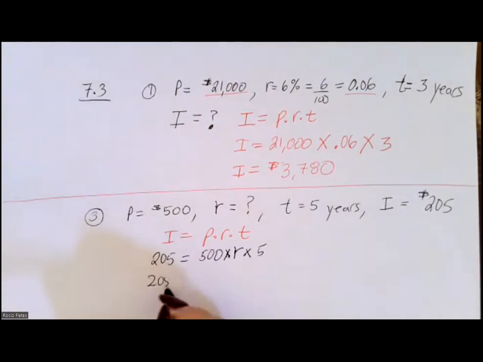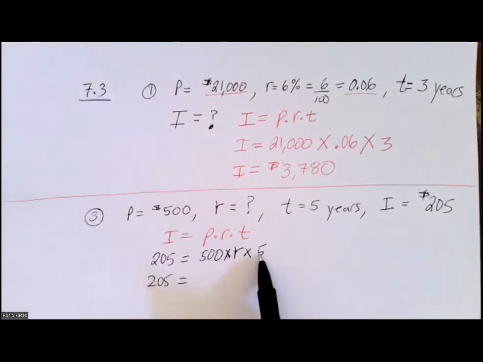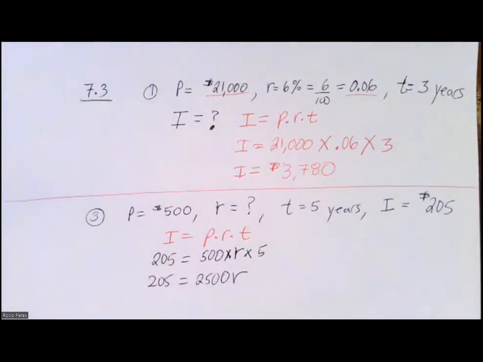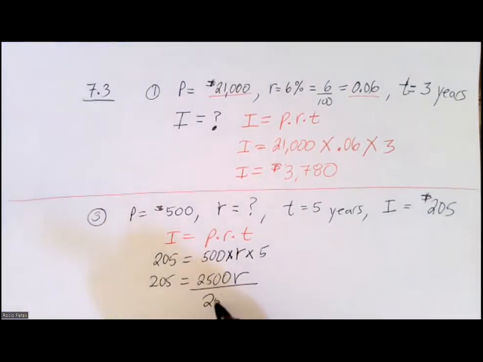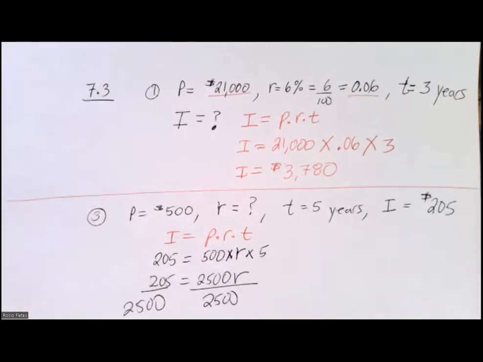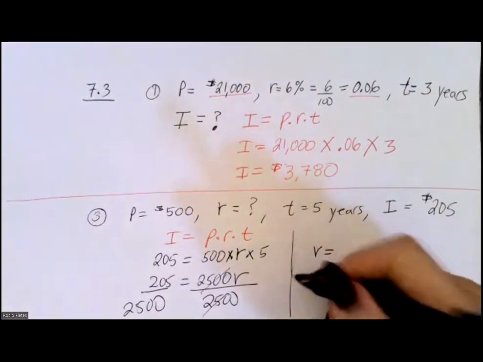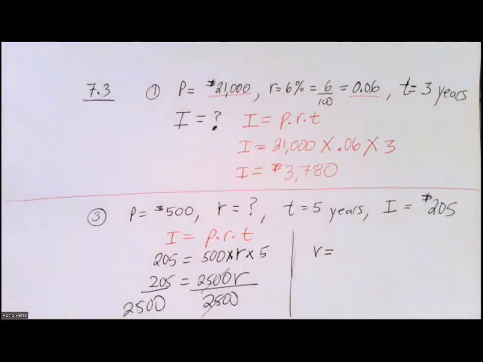So you get 205 equals 500 times 5, which is 2,500, times R. To solve for R, you divide both sides of the equation by 2,500. We cancel the 2,500 on the right side, so R equals 205 divided by 2,500.